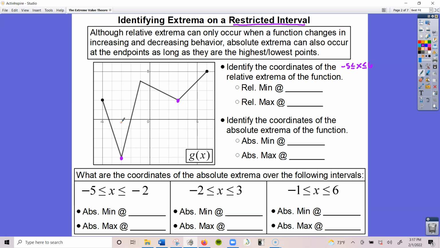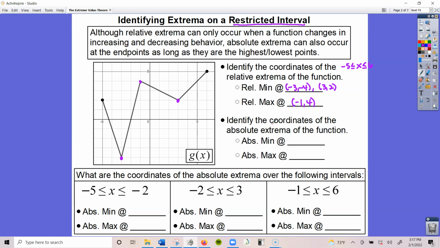So we have a relative extrema at -3, -4, and then we have another one here, which is at 3, 2. Our relative maximum would occur when it changes from increasing to decreasing, which is at this point here. This is at -1, 4.